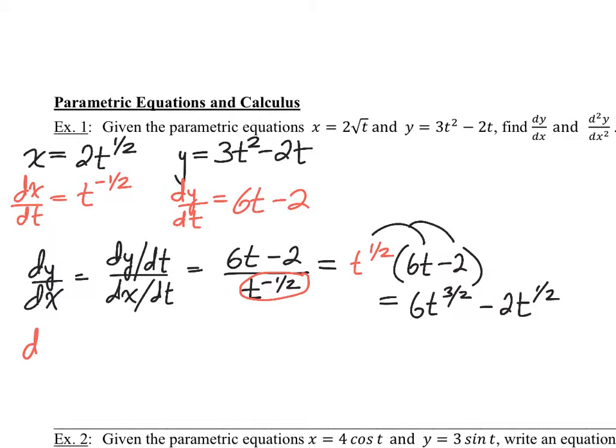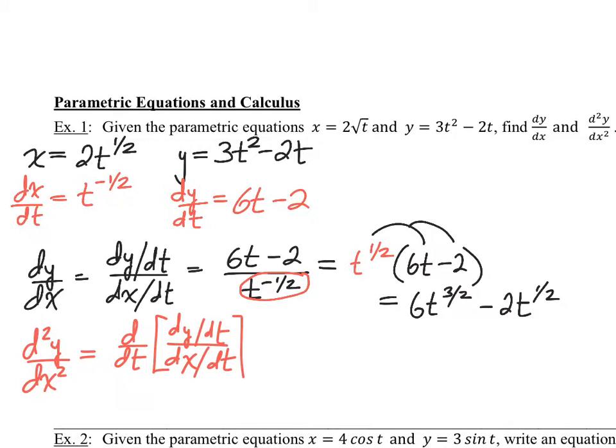So my second derivative: I want to take the derivative of what I just got. So notation-wise, d/dt of dy/dt over dx/dt. Get that whole answer and divide it by dx/dt.